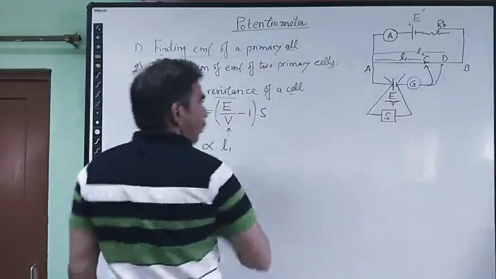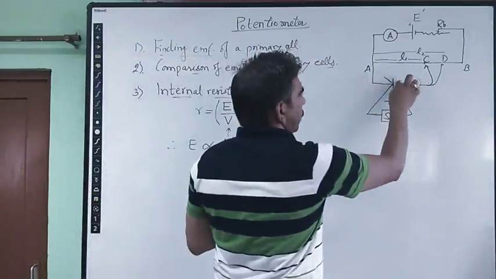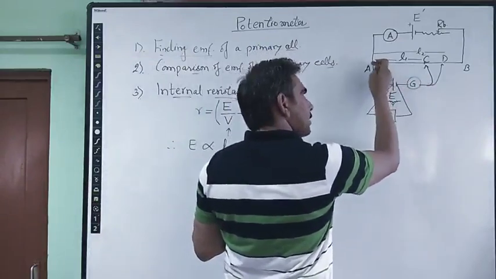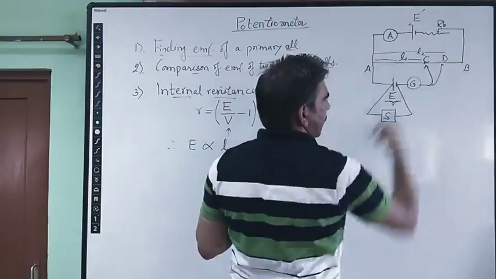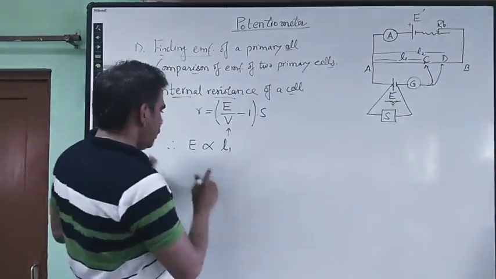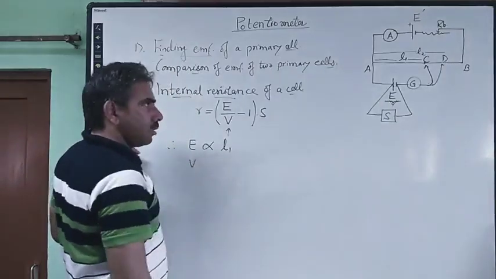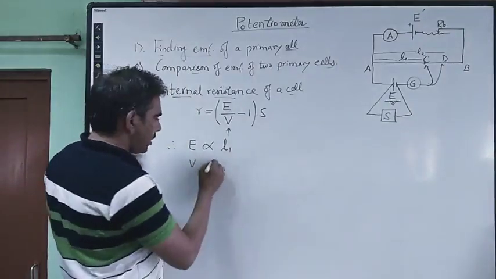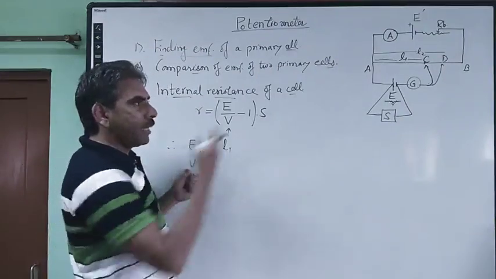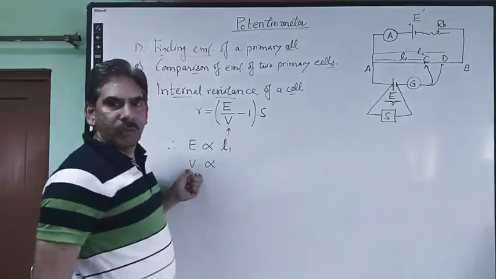Now we again repeat the same procedure. We keep the pointer of the galvanometer at point A and slide it. We find it to be at some other balancing point. In that case, that balancing length gives us the terminal potential difference, because we are finding it while using some resistance with the cell.